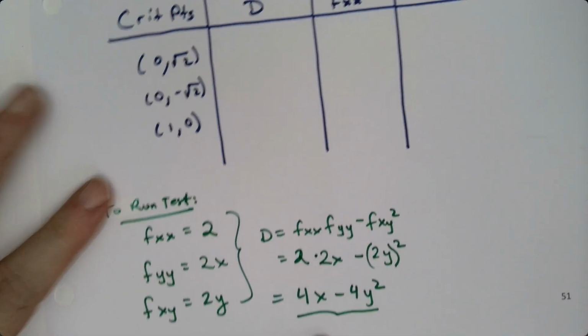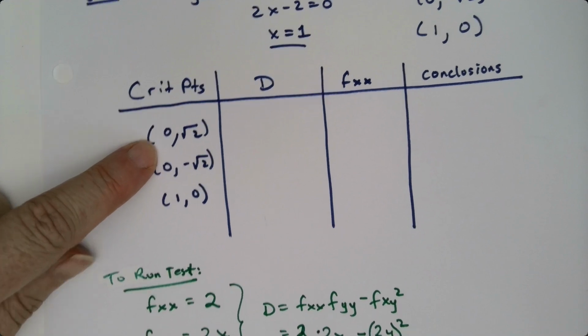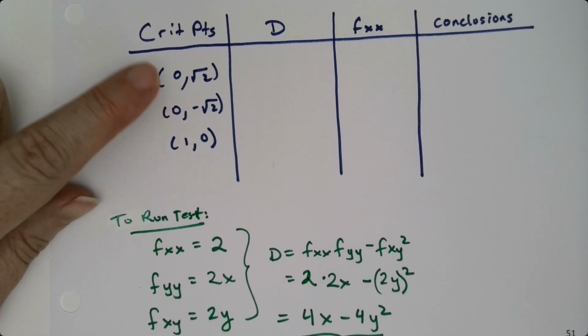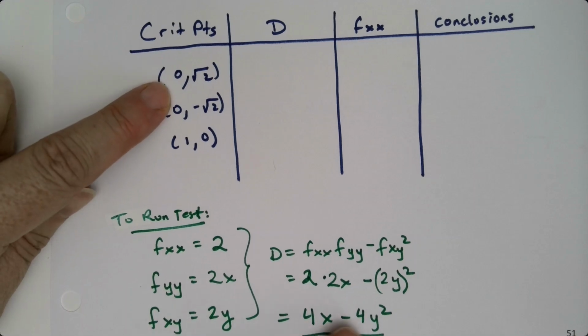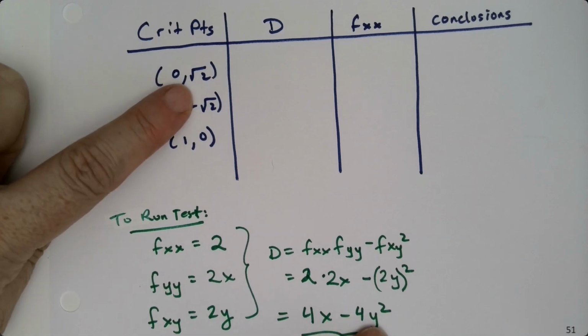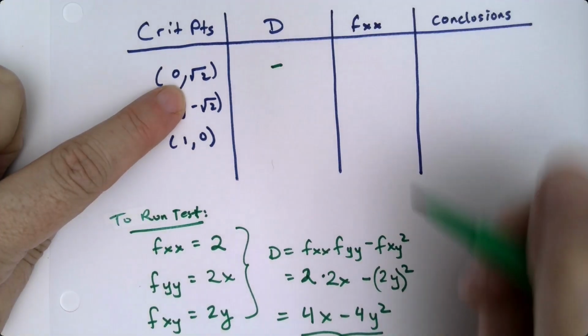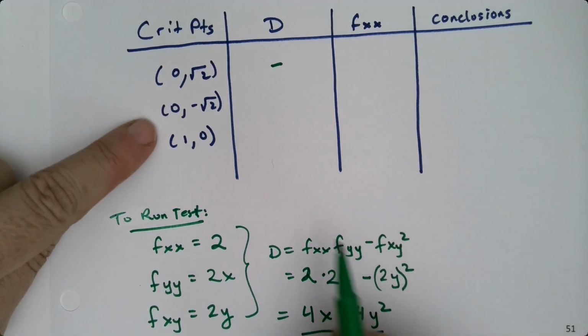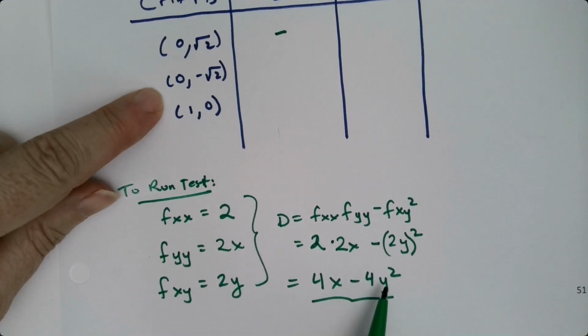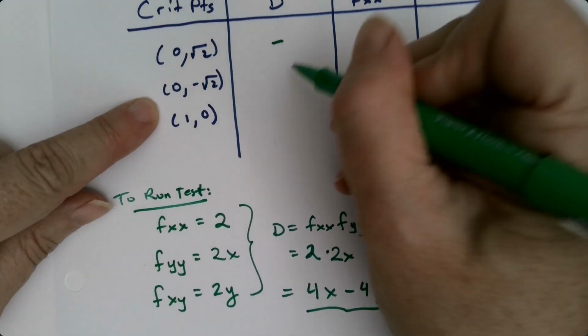Okay, so now let's take our values and plug them in. If we put 0 in for x, minus 4 times the square root of 2, we would have a negative number, right? If we put negative square root of 2 in here for y, once you square it, it's going to turn it positive, but then you multiply by a negative 4, and it's negative.